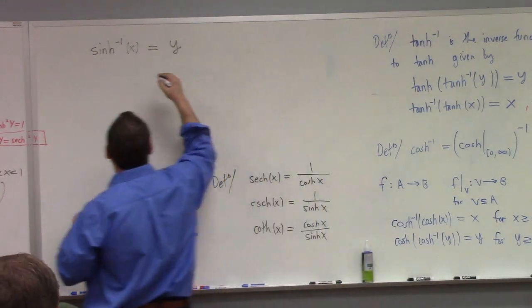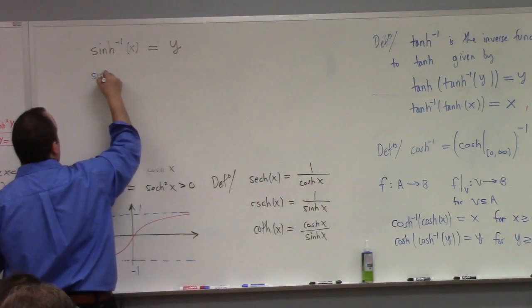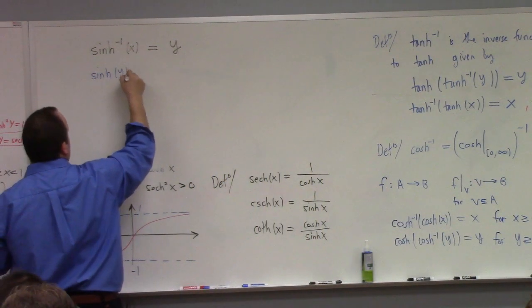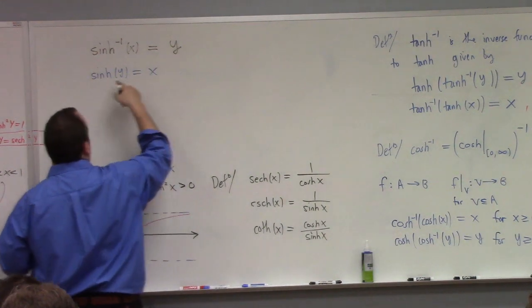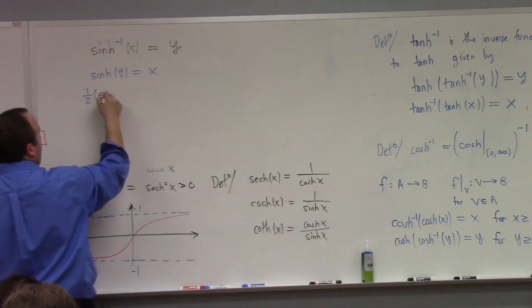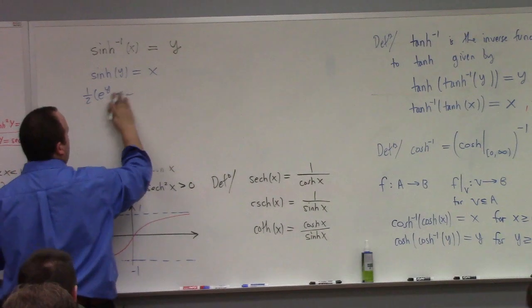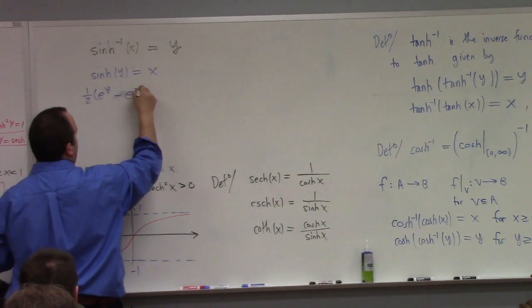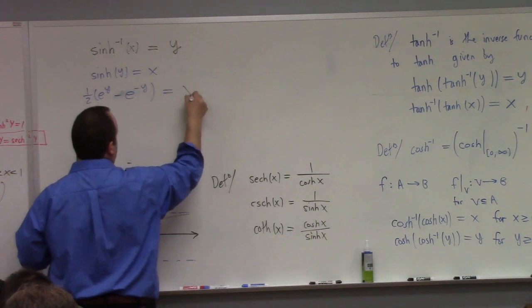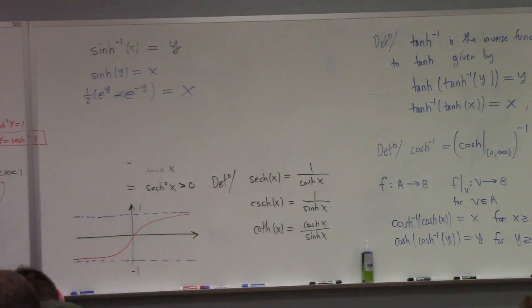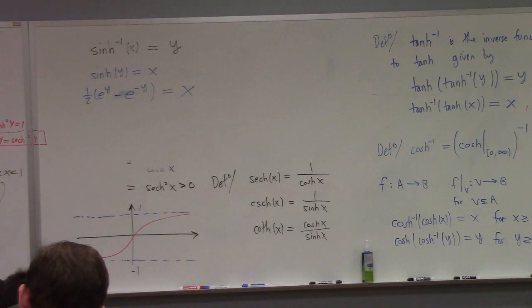Here's how you do it. So we take the sinh of both sides. I get sinh of y is equal to x, but this is 1/2 (e to the y minus e to the minus y) equal to x. Then I do something kind of weird.